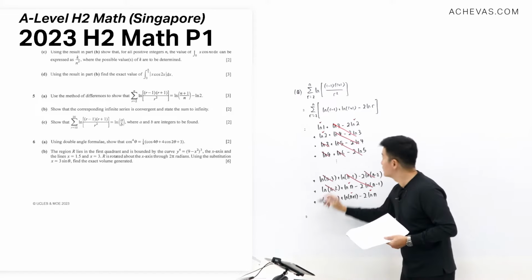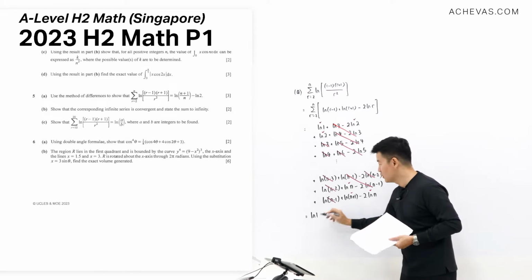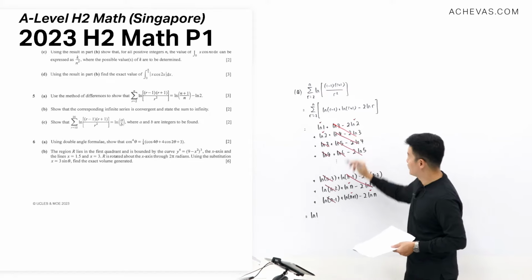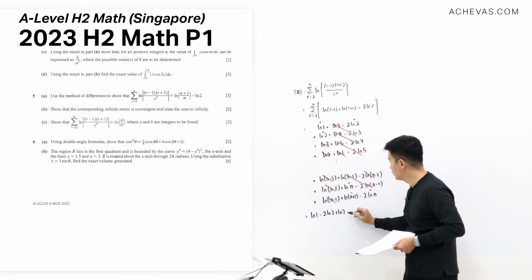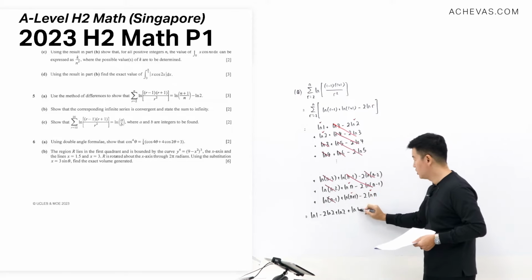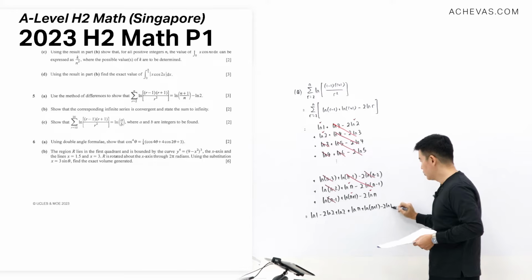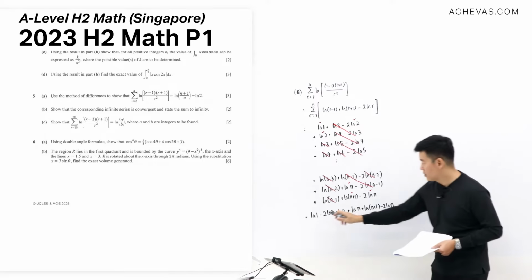So this is going to be ln 1, which will become 0 in a short while. Then we will have a minus 2 ln 2 plus ln 2, and then a plus ln n plus ln n plus 1 minus 2 ln n. So this will become 0.